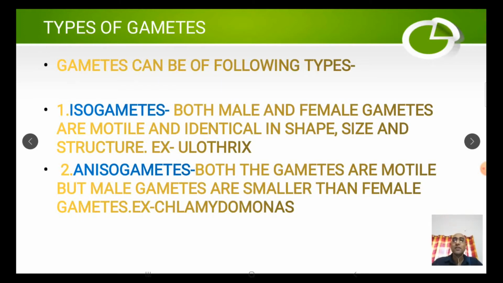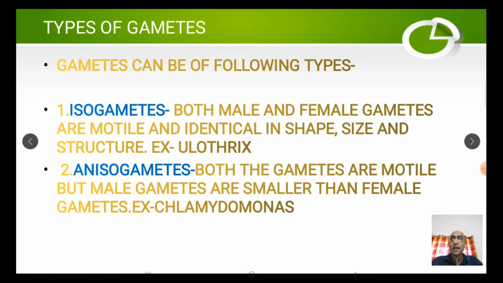So in isogametes both male and female gametes are motile and identical. Motile means they are capable of moving from one place to another with the help of locomotory organs such as flagella, and identical in shape. In case of isogametes, both male and female gametes are identical in shape, size and structure, and both of them are motile. For example, Ulothrix.